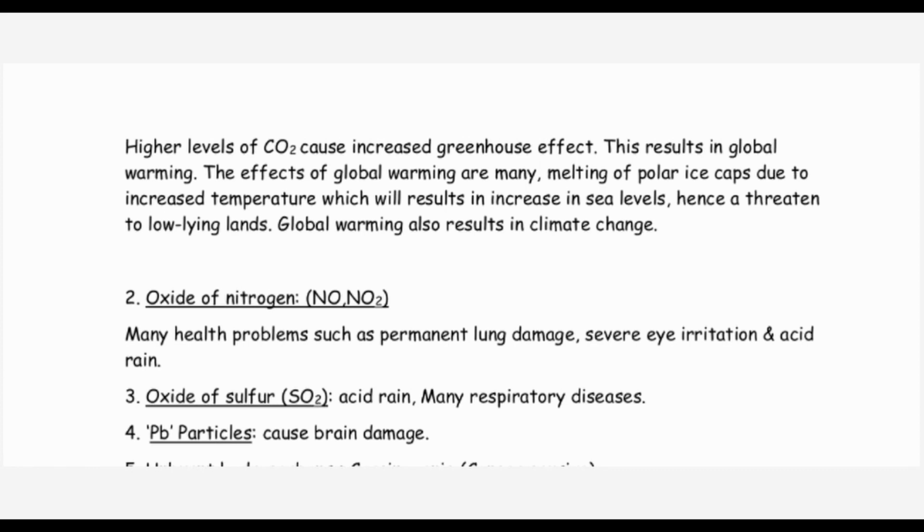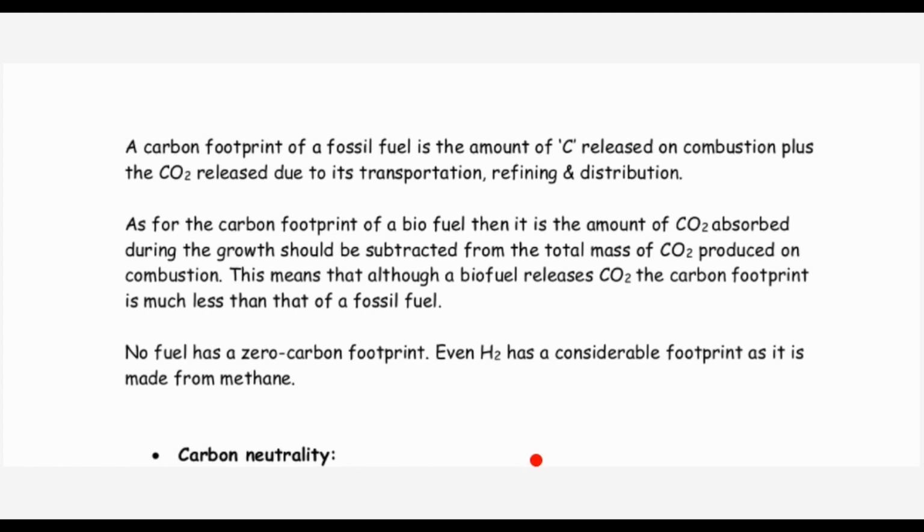So the carbon footprint gives us the understanding of the total amount of carbon dioxide produced from a fuel due to its combustion. So the carbon footprint is not just the carbon dioxide released upon the combustion alone.